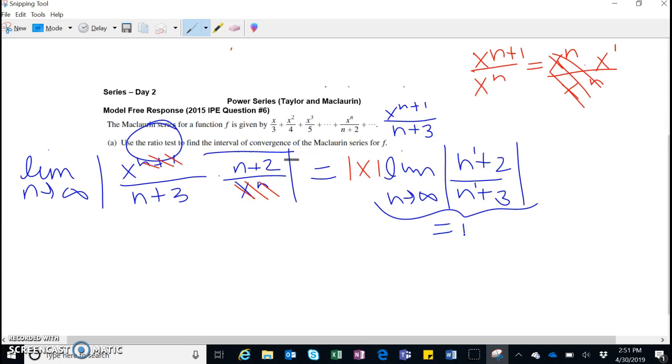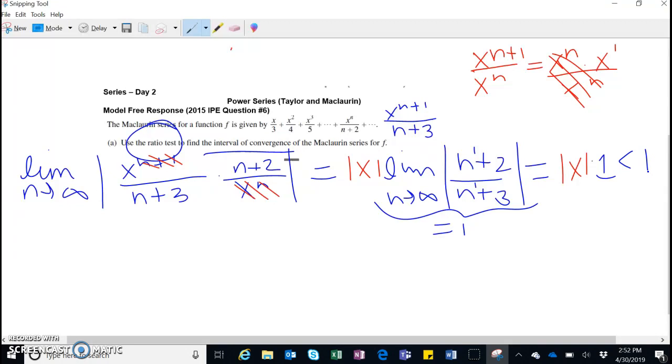That limit is equal to 1. So what I have then is the absolute value of x times 1 when I simplify this stuff out. And because I'm using a ratio test and I'm trying to find convergence, I know that I'd love for that to be less than 1 in order for convergence to happen.